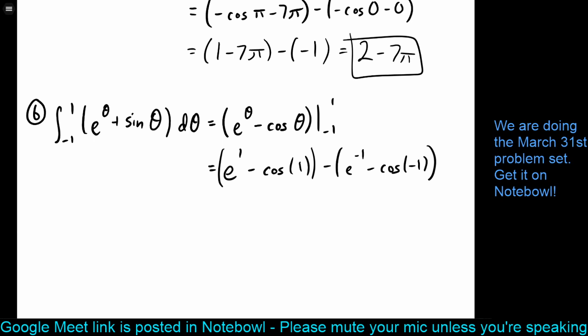All right. So here's something I don't know if you guys remember from when you first learned about sine and cosine. When I have cosine of a negative number, that's actually equal to cosine of the positive number.